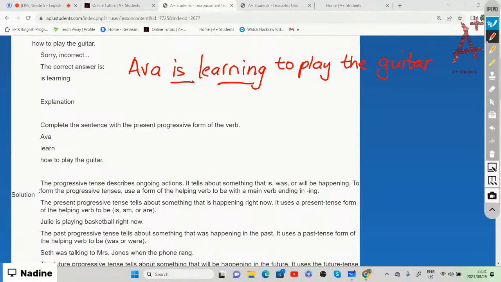So Ava is: the word "is" is the helping verb, and to learn we add -ing to show the ongoing action. So Ava is learning to play the guitar, and that shows the present progressive tense.